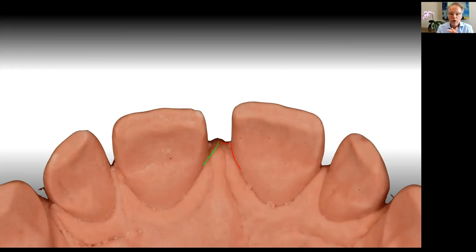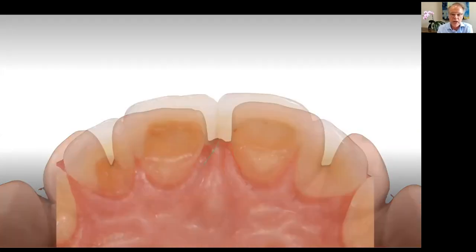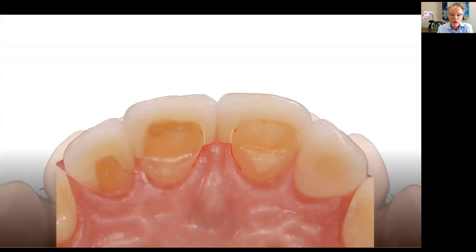So back to that one case that had the lateral wings of ceramic, the red line is showing you what was actually done. The green line is what I would propose to do. So try to think about this, ignore what you're seeing palatally. Again, I wasn't managing this case. The patient relates that the dentist was adjusting the occlusion and adjusted the palatal aspect. Try to avoid thinking about what you're seeing there.